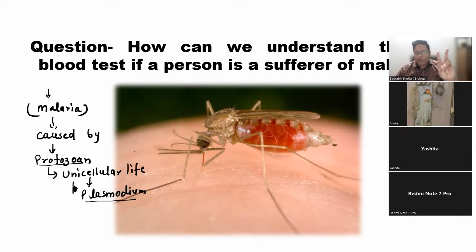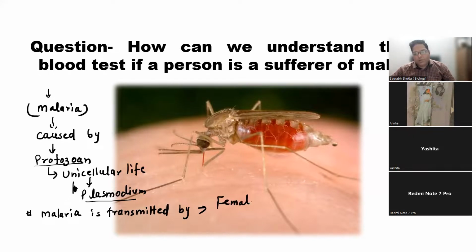So there are two different questions. Malaria is caused by, the answer is different. But if the question comes, malaria is spread by, or malaria is transmitted by, the answer is the female Anopheles mosquito. Right, beta? Female Anopheles mosquito. Please note this down.